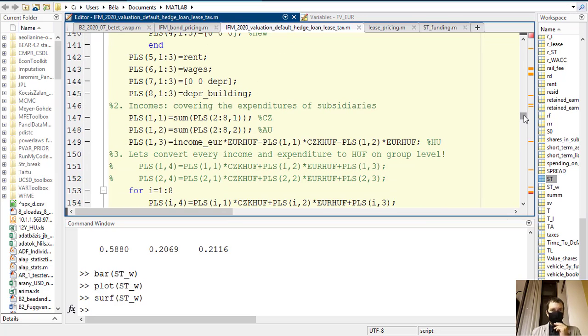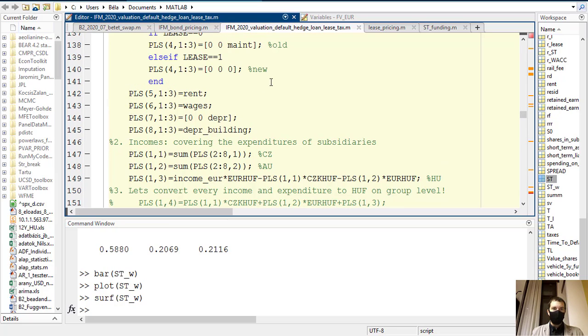So let's add rent, which was not so important, and we will modify this.